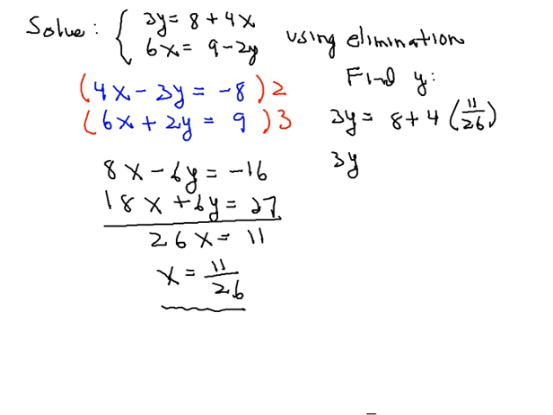And continuing, 3y is equal to 8 plus 44 over 26. Now we'll get a common denominator here, so expressing 8 as a fraction over 26 becomes 208 over 26 plus 44 over 26.